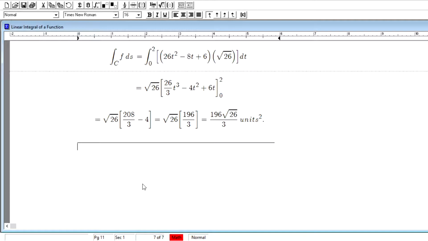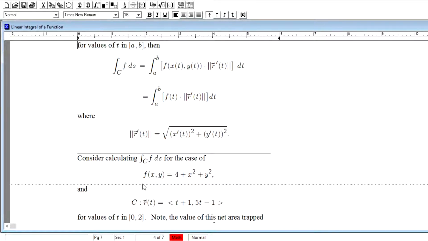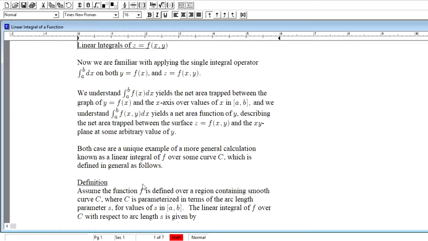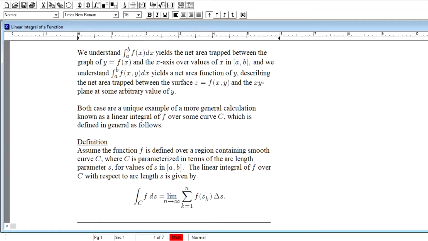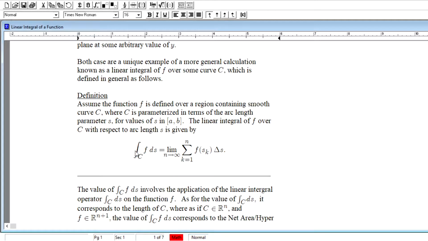So folks, what we first want to establish as we move forward in our study of vector calculus is that this operator that we're familiar with, the single integral operator, is really a more generic integral operator known as a linear integral operator.